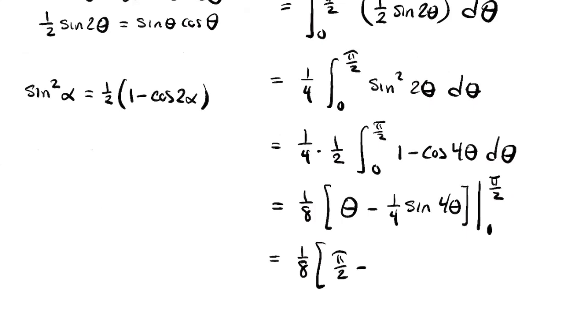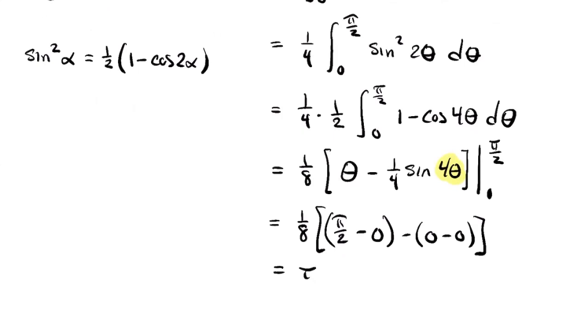When you multiply pi over 2 by 4, you get 2 pi. The sine of 2 pi is 0. Good. Minus plugging in 0, again, would be 0 in both terms. So you get pi over 2 times an eighth, or you get pi over 16. Okay, what is that pi over 16? That's the value of I3.